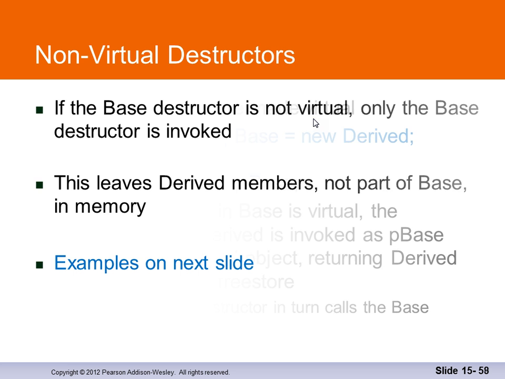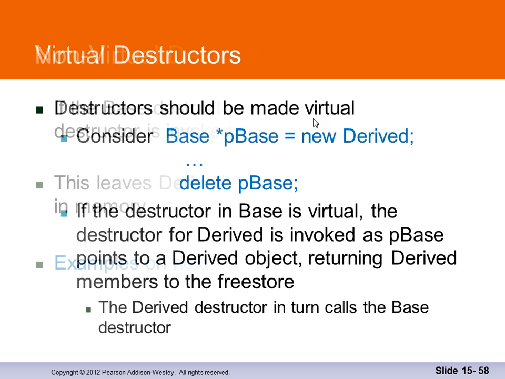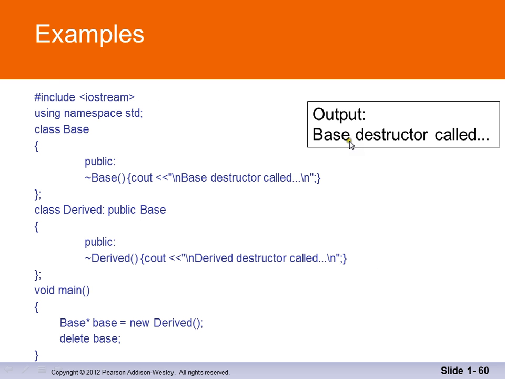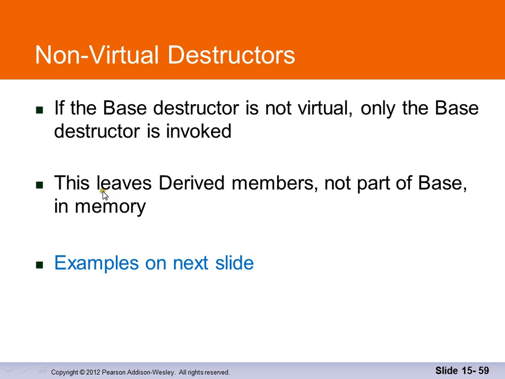Okay, so back to the rules now. If the base destructor is not virtual, only the base destructor is involved, right? So we started with this example. If this wasn't virtual, then only the base destructor is going to be called. And this leaves the derived members not part of the base in memory.